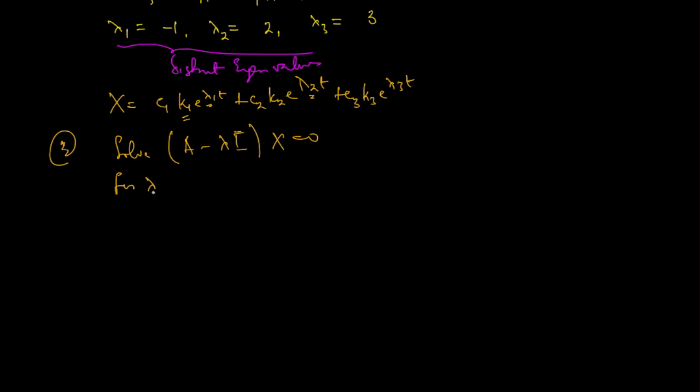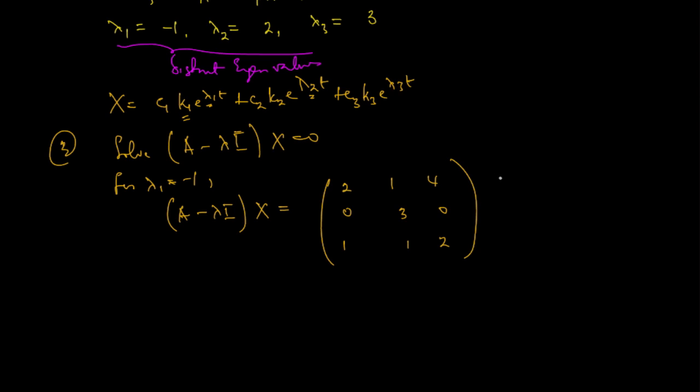So for lambda 1 equals -1, A minus lambda I times x equals, we have the matrix 2, 1, 4, 0, 3, 0, 1, 1, 2 times x, y, z equals 0, 0, 0. To solve this system, we will reduce this matrix like we have been doing before.